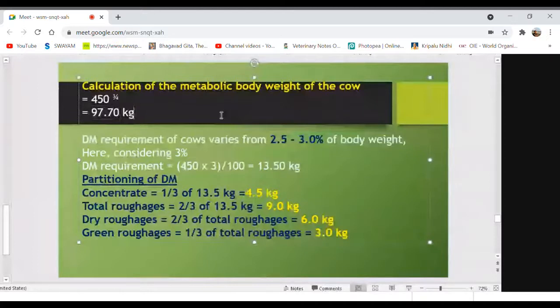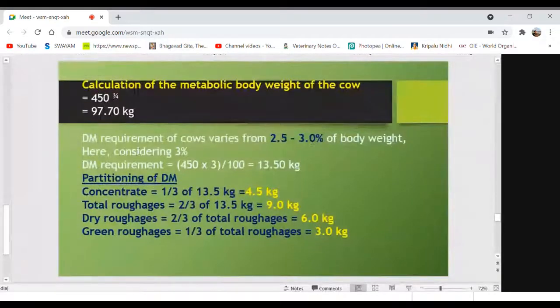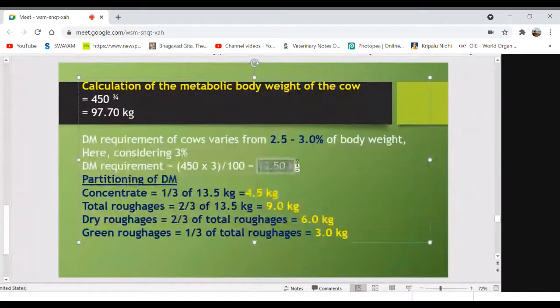I think Brian, I don't know whether he's shown these things or not. Anyway, diameter requirement, if it is crossbred, in that case it's very strong, 2.5 to 3% of the body weight. And if we consider 3%, then diameter requirement will be 450 into 3 divided by 100, it will be 13.5 kg. This is the total diameter requirement for a 450 kg live dairy cow.